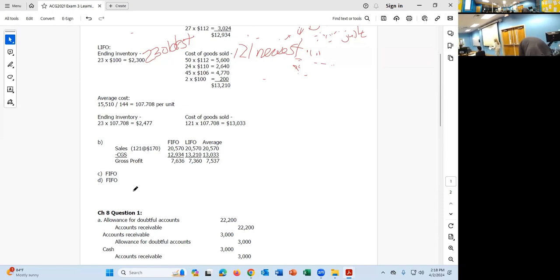And so if we really want an ending inventory number that closely matches the current value of that inventory, that's another major benefit of using FIFO as your inventory method. You get the highest net income and the highest amount for assets on our balance sheet. So think about those inventory methods. Any questions on what's going on there?